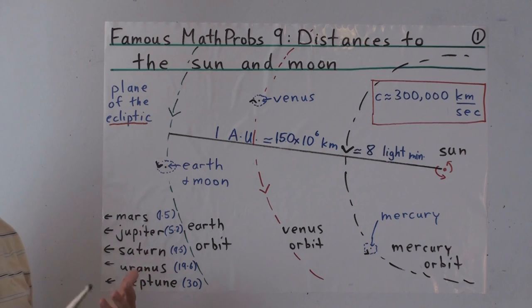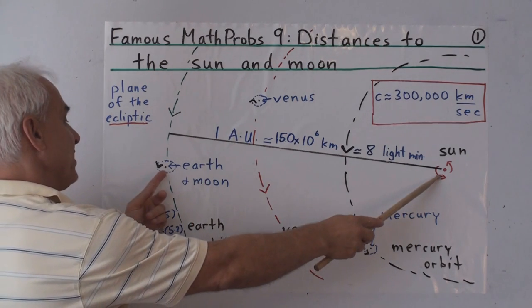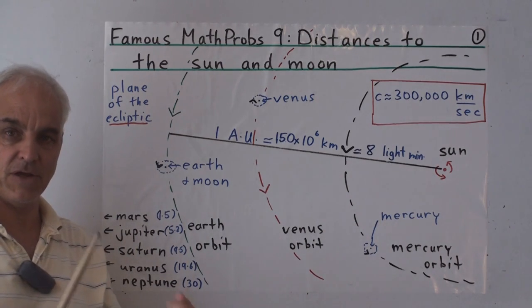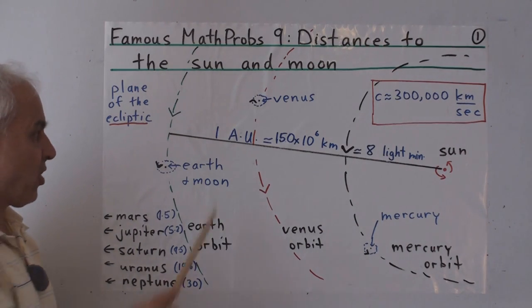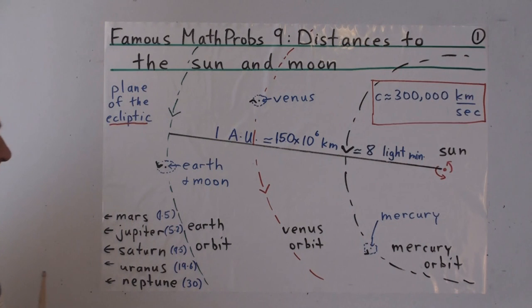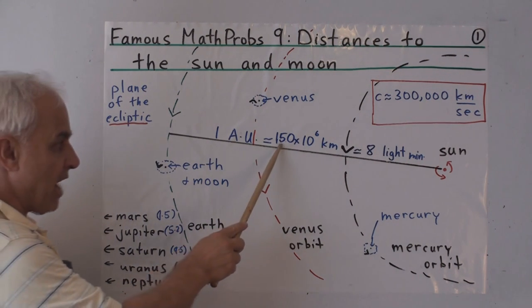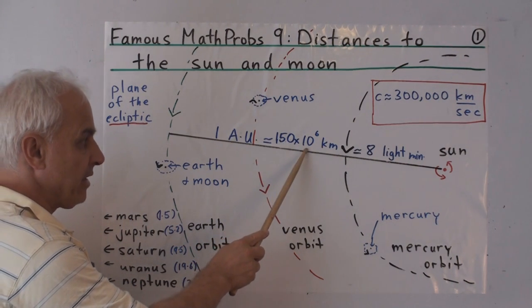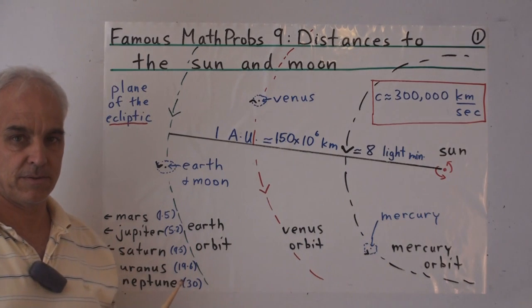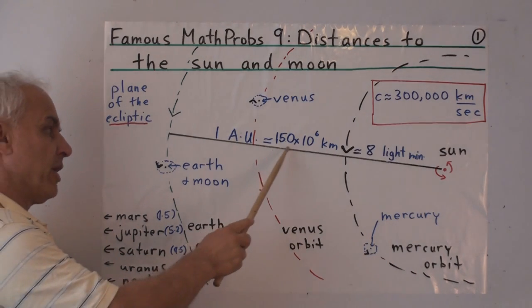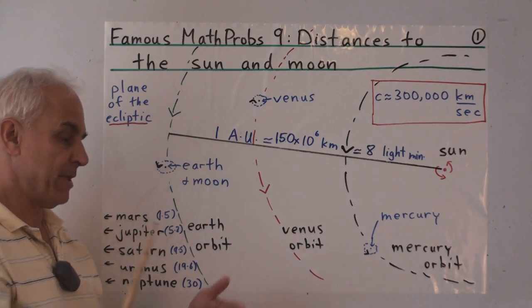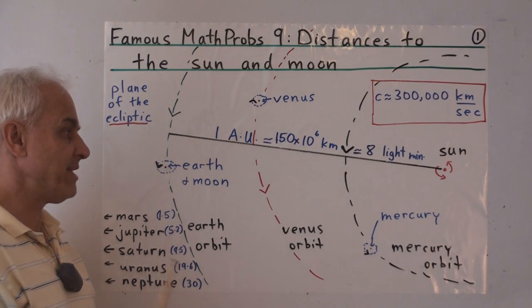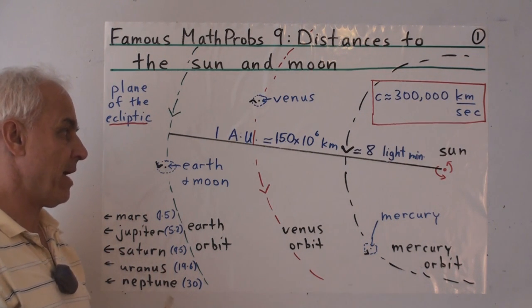In terms of describing how far away they are, it's convenient to use the distance from the Sun to the Earth as some kind of convenient unit. That's called an astronomical unit. And it turns out to be about 150 million kilometers. A kilometer is a little bit less than a mile, so 1.61 kilometers makes a mile.